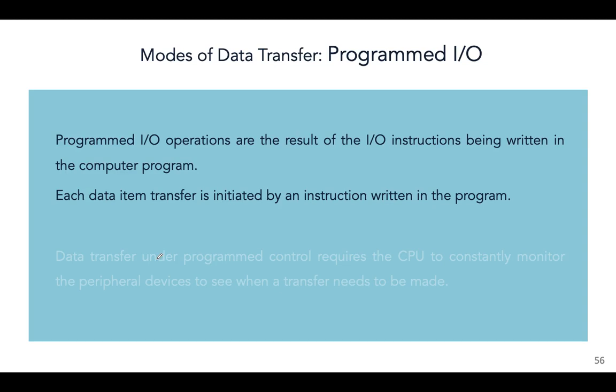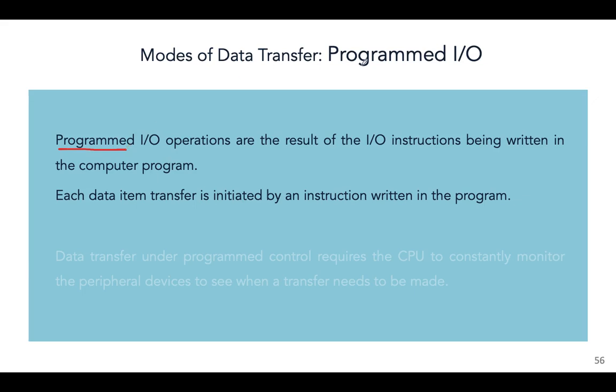Now, programmed IO operations are the result of IO instructions being written in the computer program. Whenever we use the term programmed, it stands for computer code. Whenever something is programmed, it means that there is a pre-written computer code in place to perform that kind of operation.